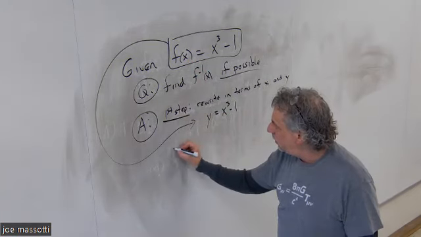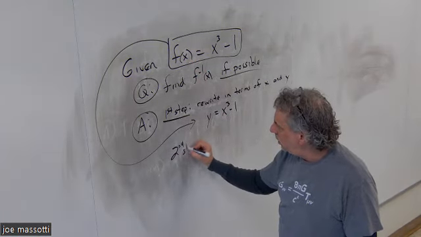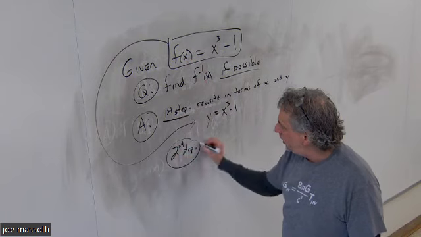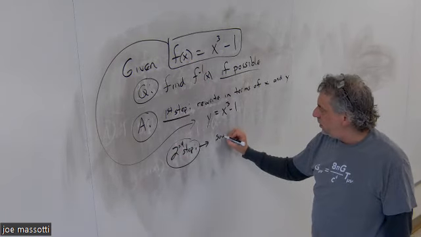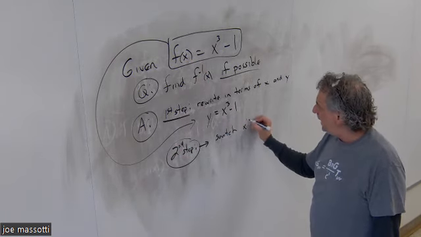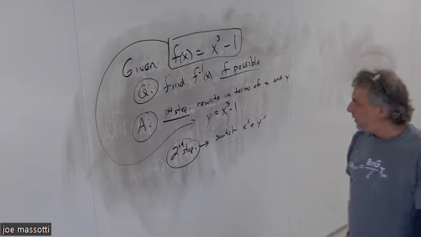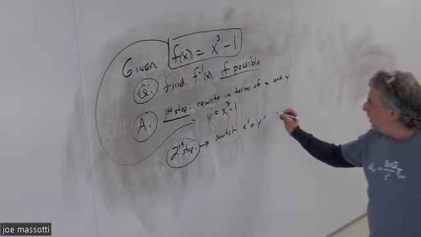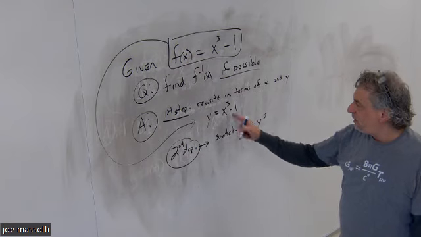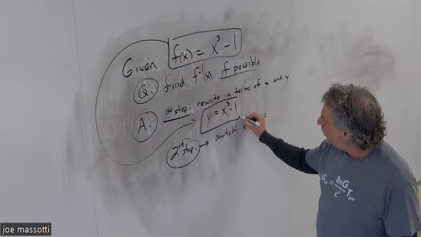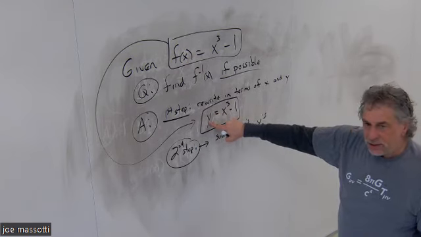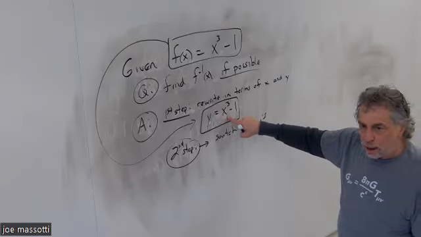So second step, we're now going to switch the x's and y's. Wherever you see an x, you're going to put a y. Wherever you see a y, you're going to put an x. So we're just switching here. We're going to make this an x, and we're going to make this a y.